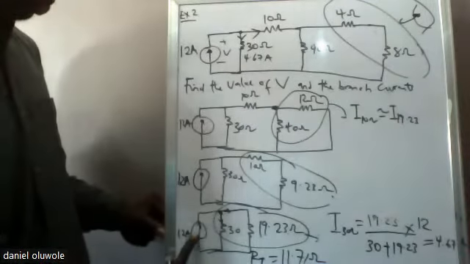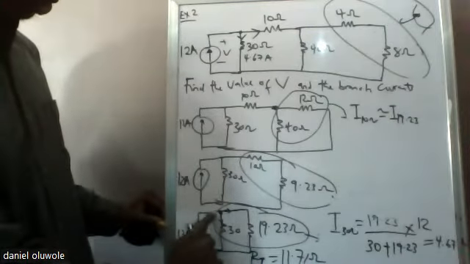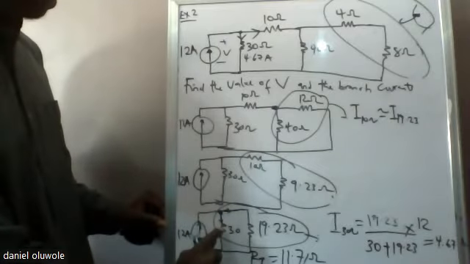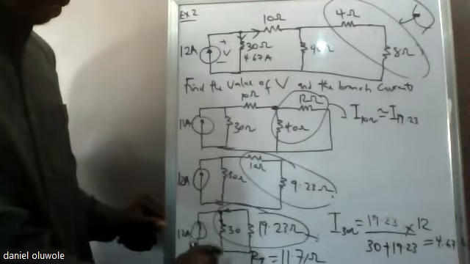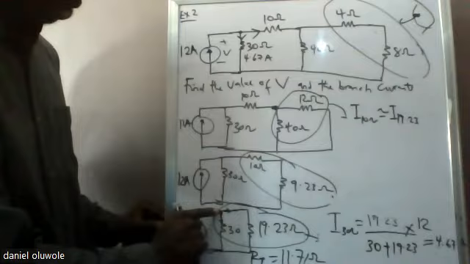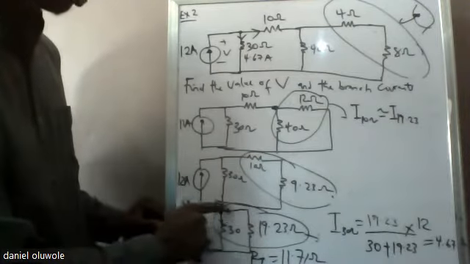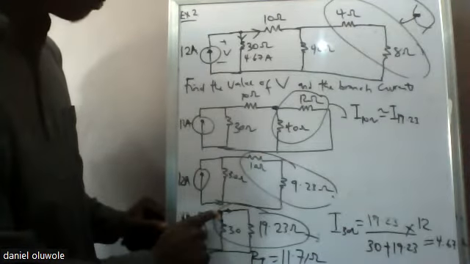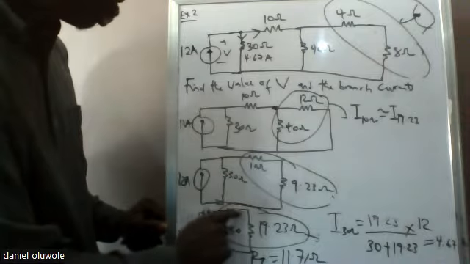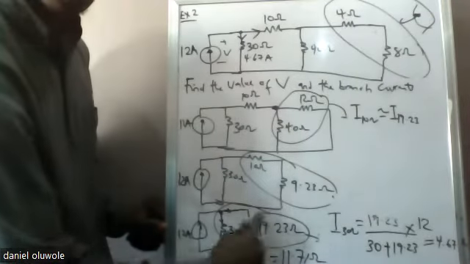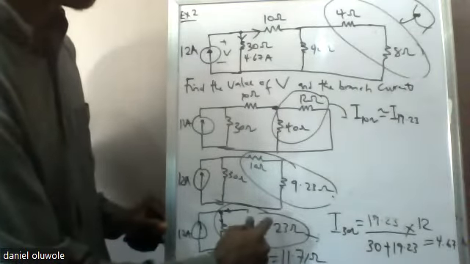We have 12 amps coming out of this point from the source, and then 4.67 as calculated came here. So there's a remaining current that continues flowing. That's what we want to calculate now. That's the current that flowed into the 19.23 equivalent. You understand? Okay.